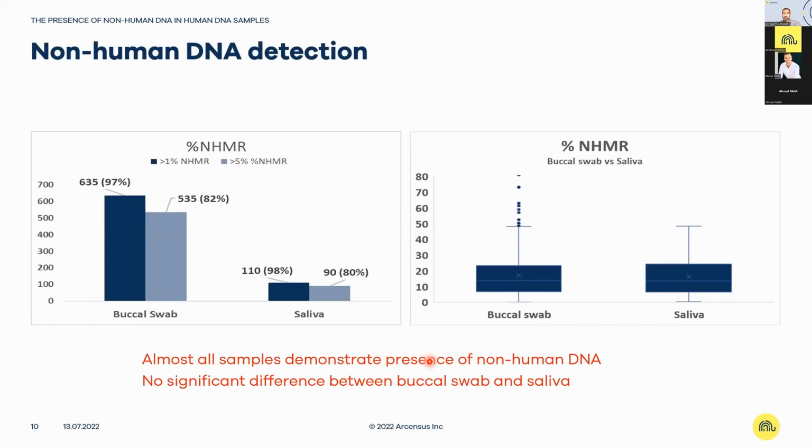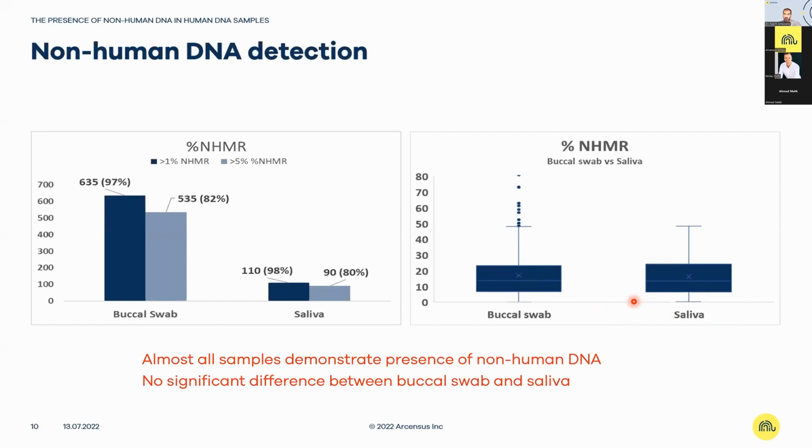Now, if we look at the percentage of non-human mapped reads from the buccal swabs and the saliva, then we see that there are some differences within the different groups within the buccal swabs or the saliva. Some samples have hardly any non-human mapped reads, whereas others have a lot of non-human mapped reads. And the same thing holds true for the saliva.